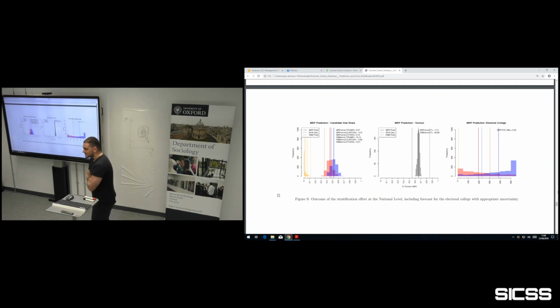Yes? Do you know how that compares to some of the pre-election predictions that other people were doing? The question was, how does this estimate compare to the pre-election predictions? This is not a prediction, by the way, so it's kind of an unfair comparison. The answer is, it's a lot better, for all apart from 538. 538, if I remember correctly, had a 0.27% chance of Trump winning.